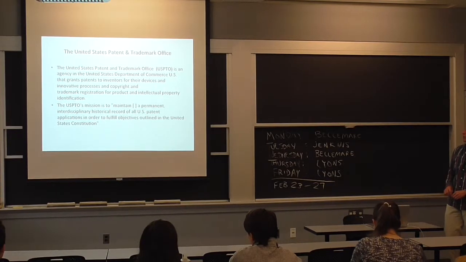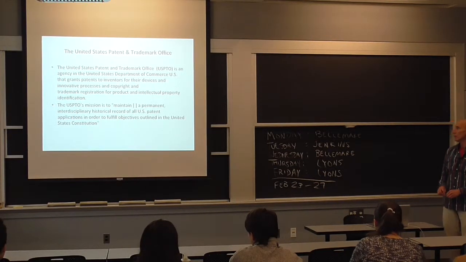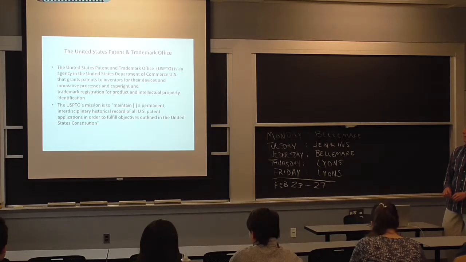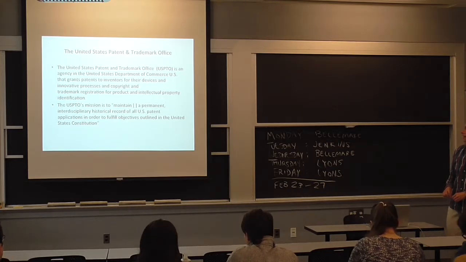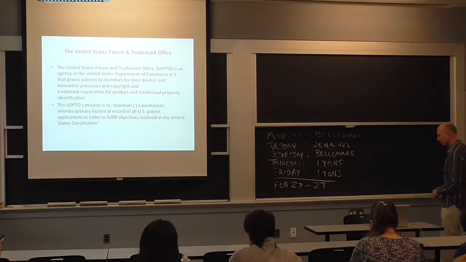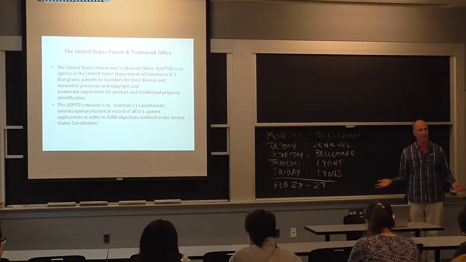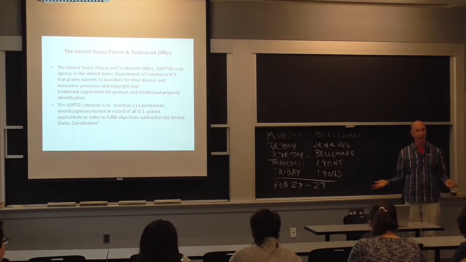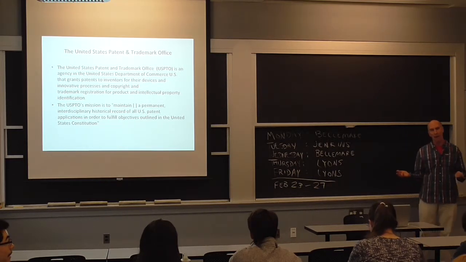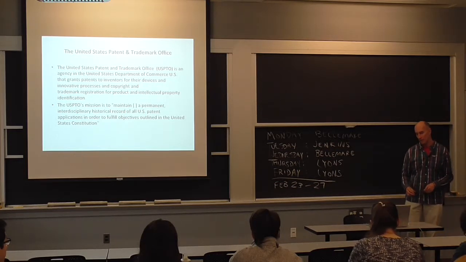The USPTO's mission, as it states, is to maintain a permanent interdisciplinary historical record of all U.S. patent applications in order to fulfill objectives outlined in the United States Constitution. The United States Constitution, what does that have to do with patents, copyrights, and trademarks?